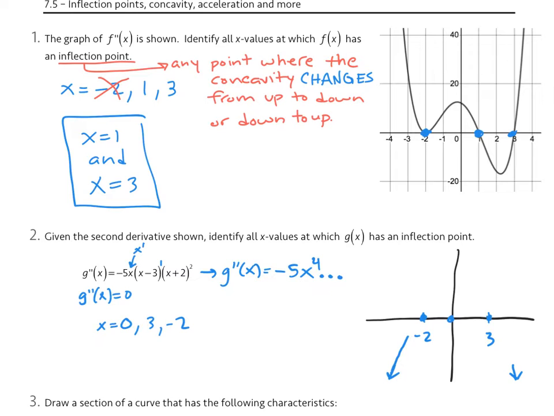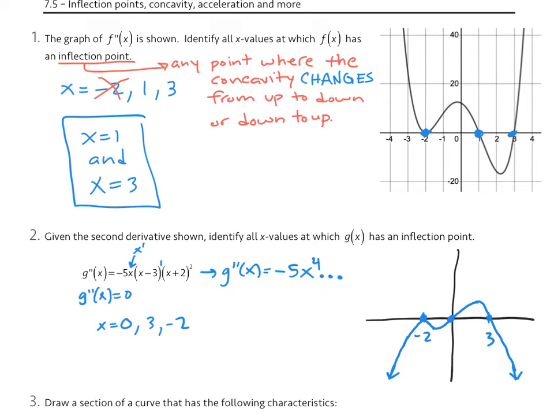Now, if you'll notice, the x-intercept of -2 comes from this factor of x plus 2 squared. Since the factor is squared, the function is going to bounce as it hits that x-intercept and then come back down again. When it gets to the x-intercept of 0, it's going to pass through. And when it gets to the x-intercept of 3, it's going to pass through because those factors have odd exponents.